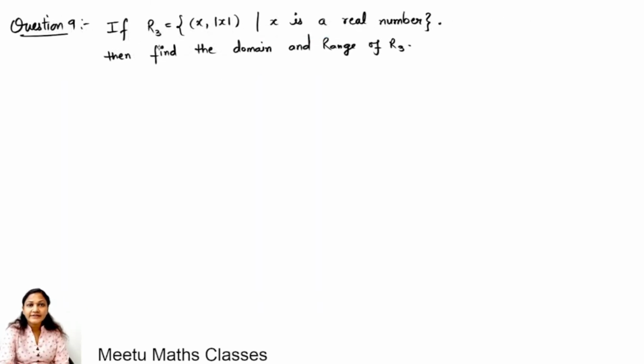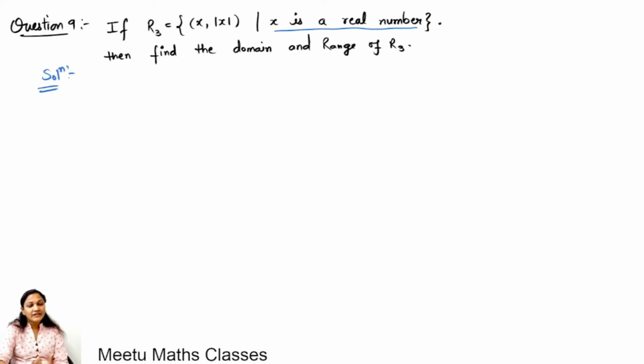Your question number 9 is, if R3 is a relation where x is related to modulus x, where x is a real number, then you have to find the domain and range of R3. Now x is a real number, so it is an infinite relation, so we cannot write it in roster form.